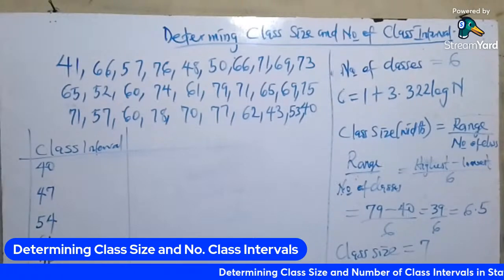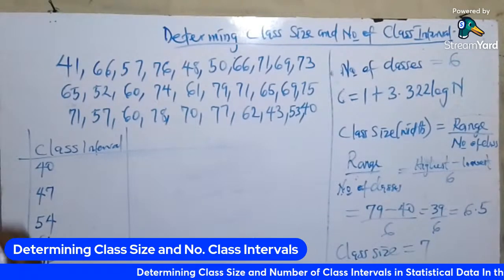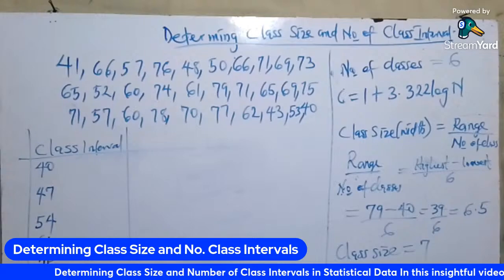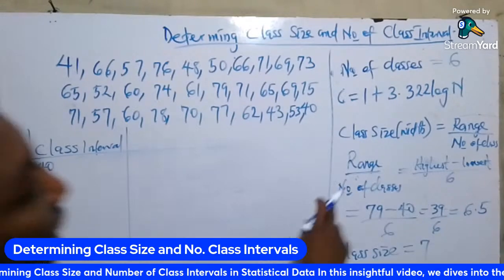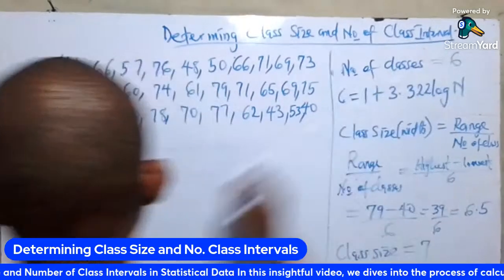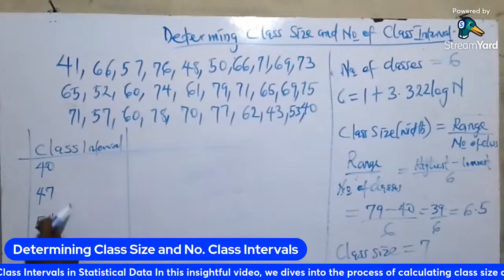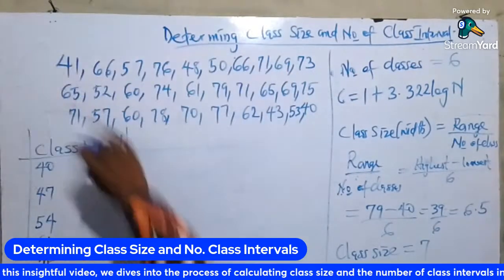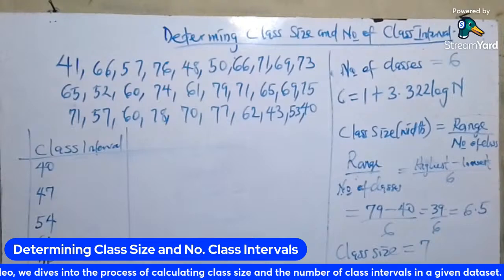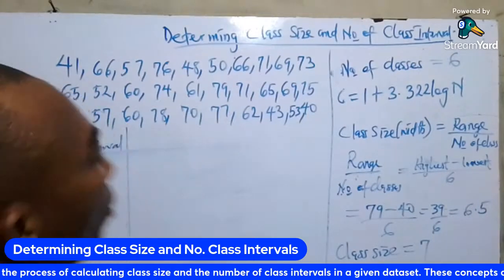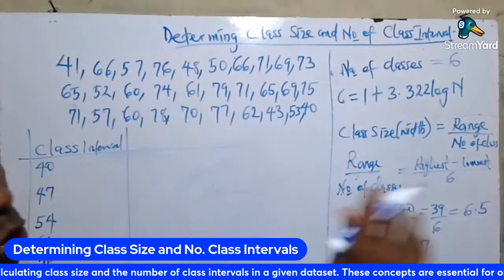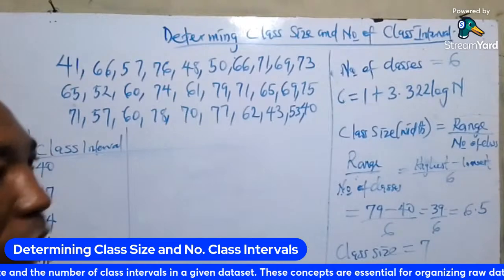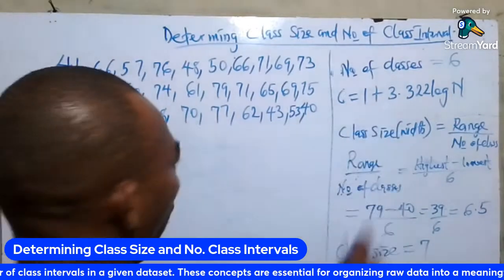I'm just giving you that confidence. Because we've said our number of classes is 6, when you count 1, 2, 3, 4, 5, 6, all these numbers must be within those 6. And you must not do it in such a way that one of the classes will not have a frequency. It's not possible if you really use the formula.